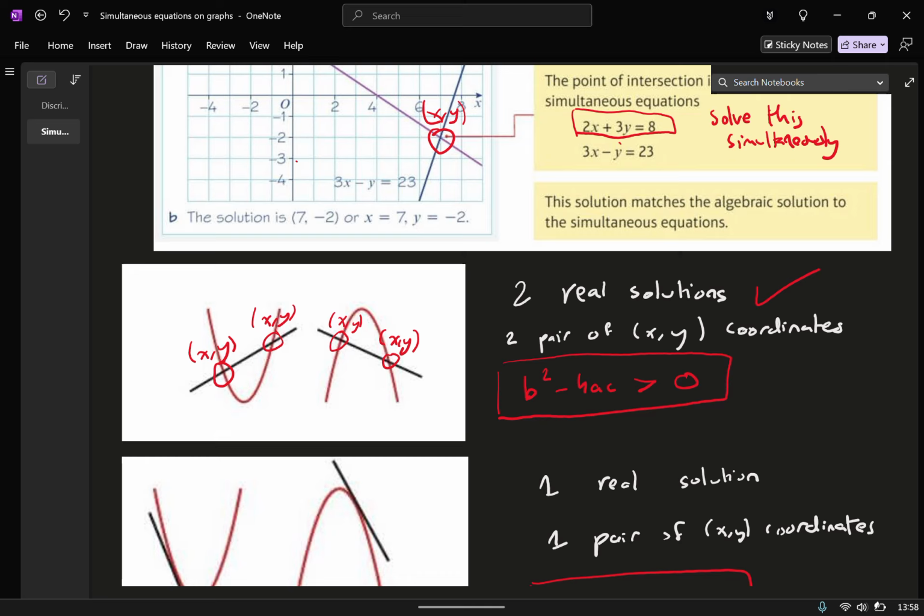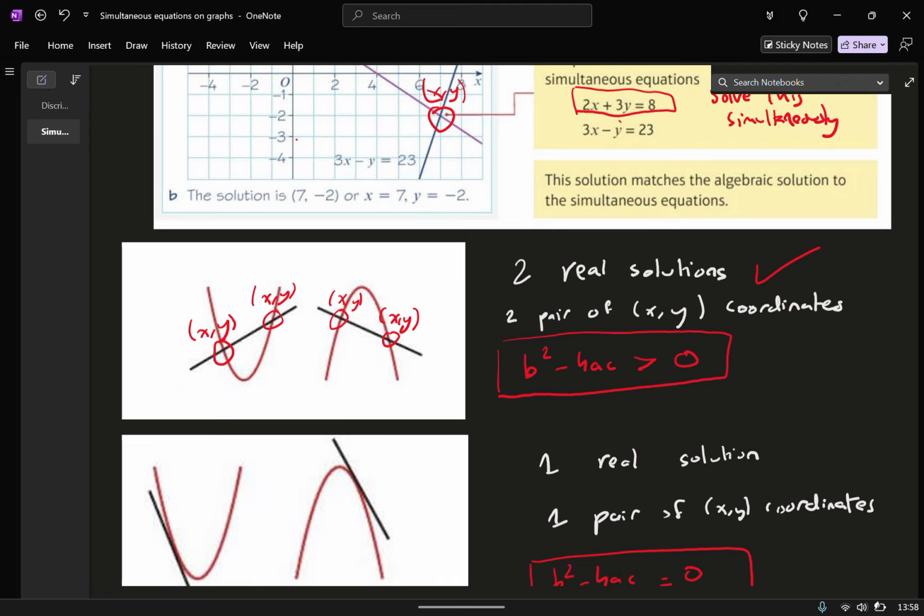I'll show you an exam question. Just remember that there are two solutions when the intersection is at 2 points.